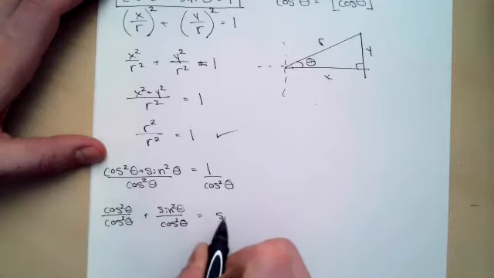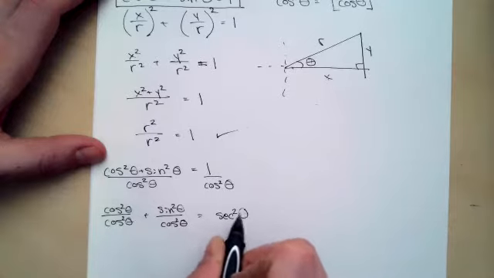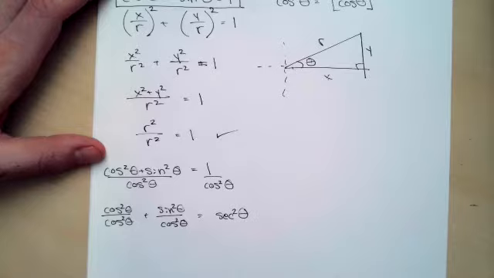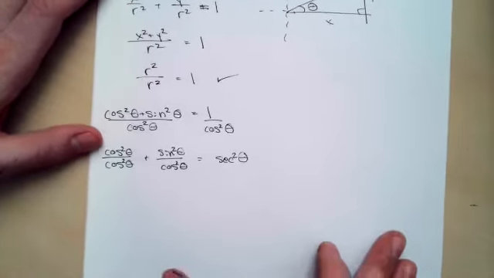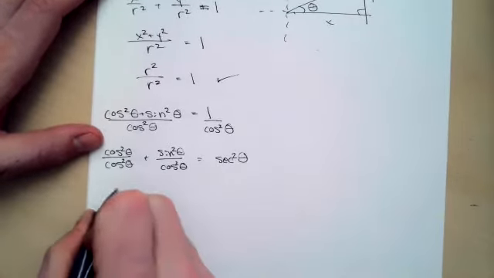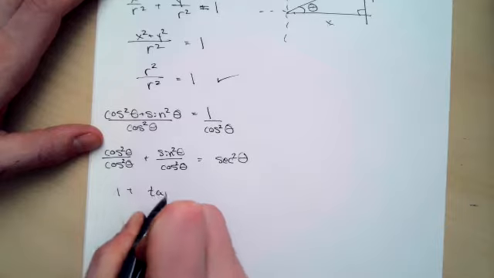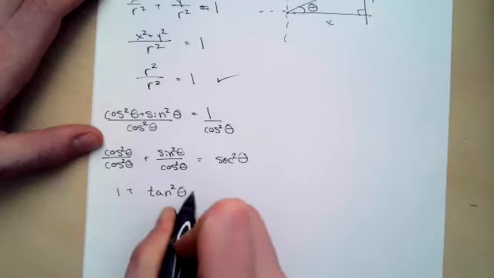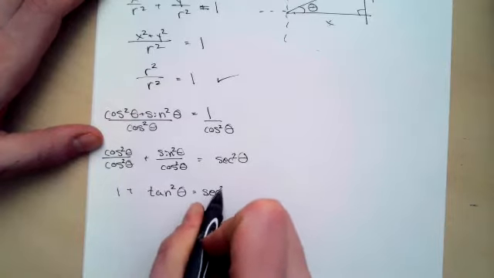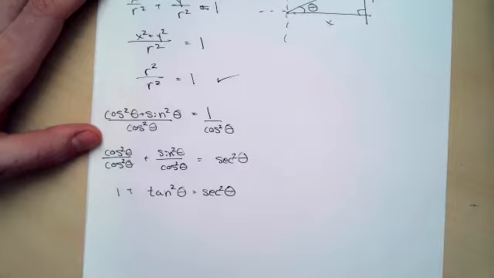The right, 1 divided by cosine squared, is just secant squared. And now simplifying these two expressions, we get 1 plus tangent squared is secant squared of theta.